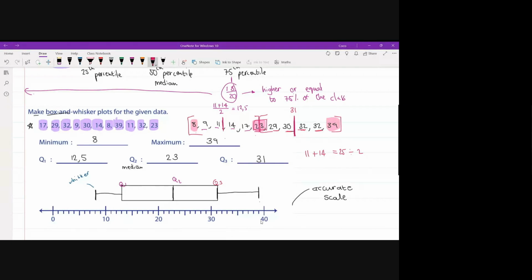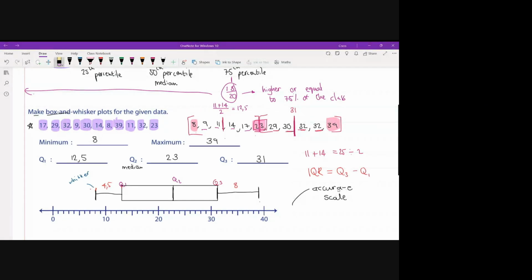Now, if we think about this, right, between Q1 and Q3, and the minimum, there is 4.5 units. Let's call it units. And between Q3 and my maximum number, there are 8 units. Right. Now, my interquartile range, my IQR, is going to be my Q3 value minus my Q1 value.